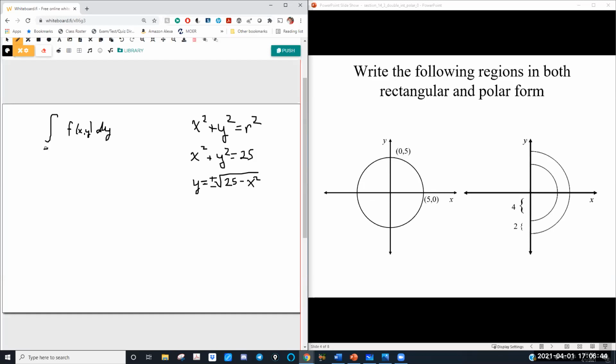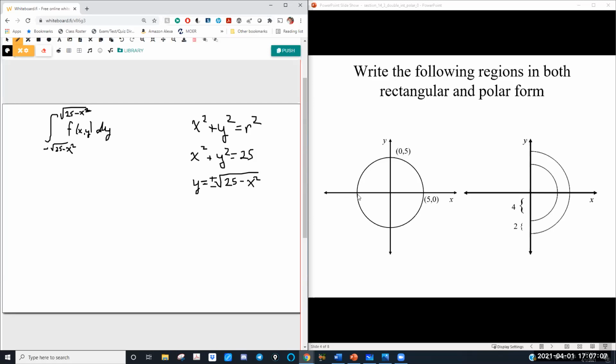So the lower limit would be negative square root of 25 minus x squared to positive square root of 25 minus x squared. Okay, so those would be our inside limits, bottom to top.